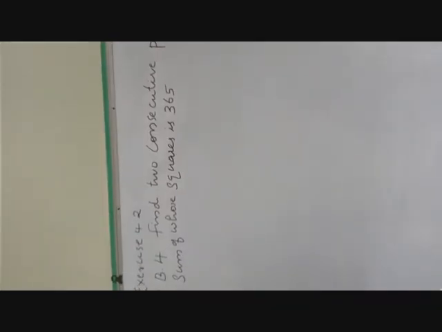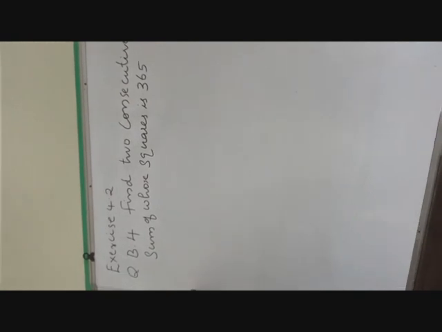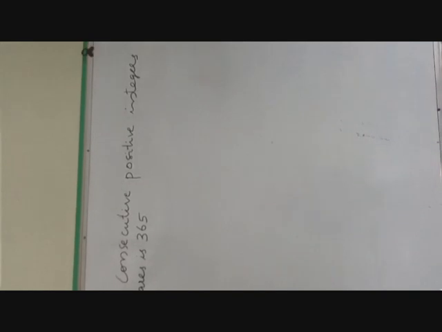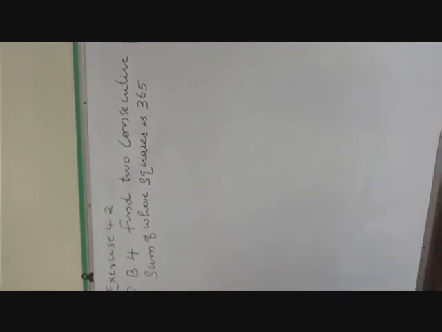Find two consecutive positive integers, sum of whose squares is 365. Once again, find two consecutive positive integers, sum of whose squares is 365.